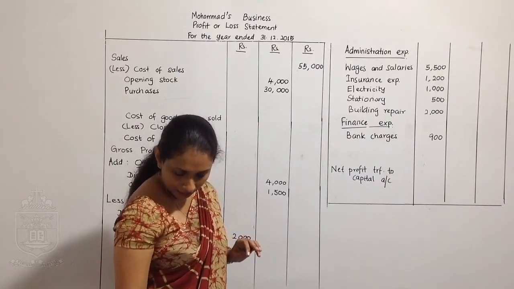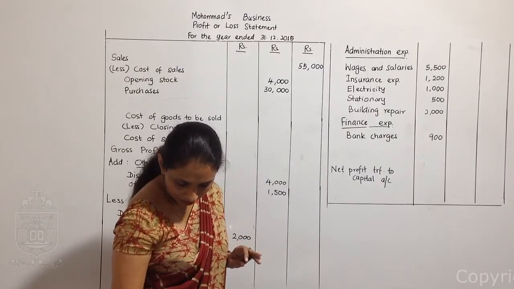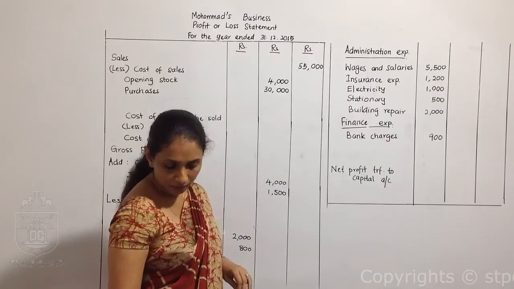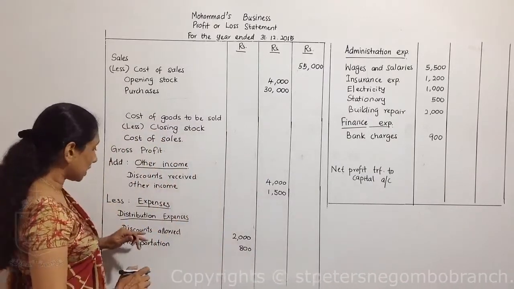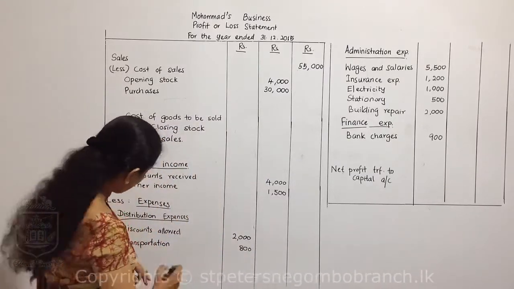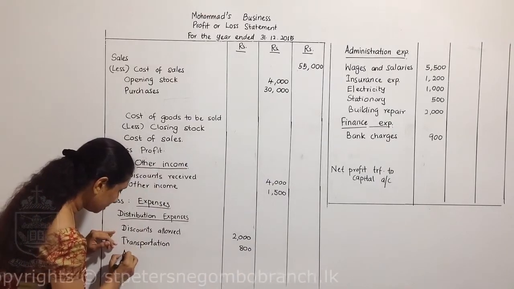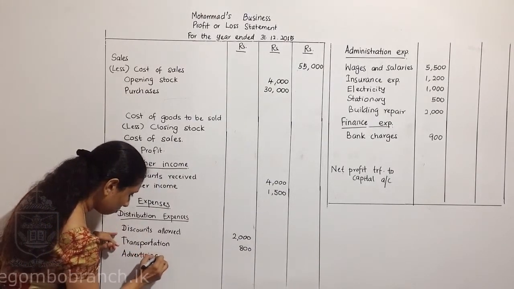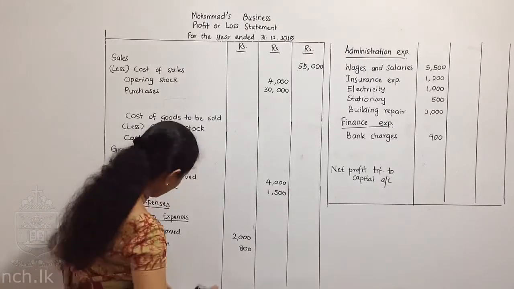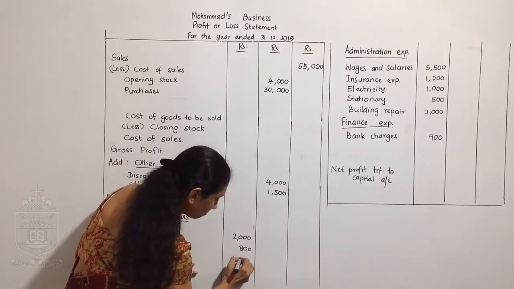Then let's check what is the next line item we have ticked. It's advertising, one before the last one. Advertising is coming under distribution expenses. So let's go to that section. Advertising 1,000.